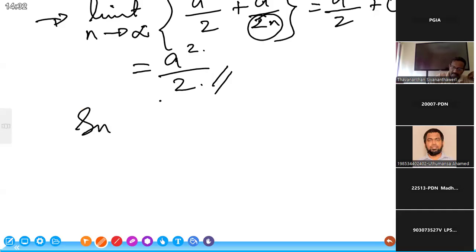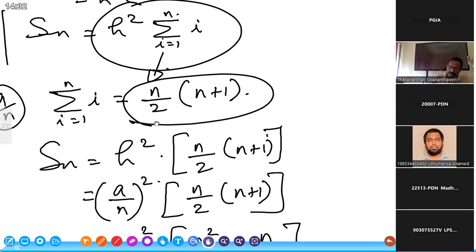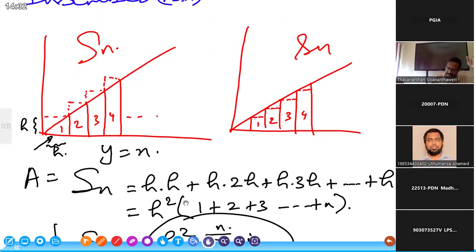Similarly, inscribe method, as we said, the first rectangle starts from this, you see. First rectangle starts from here. This is first one, second one, third one, and so on. Not like in the earlier one, right?